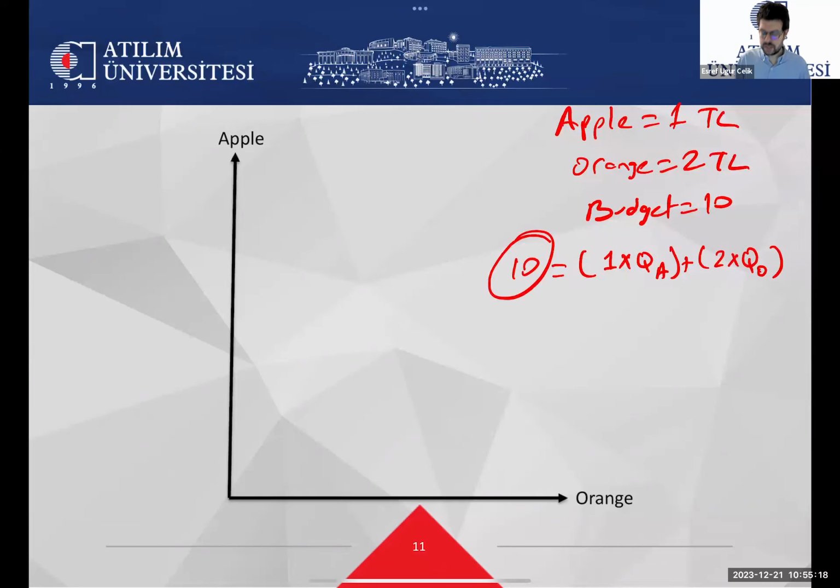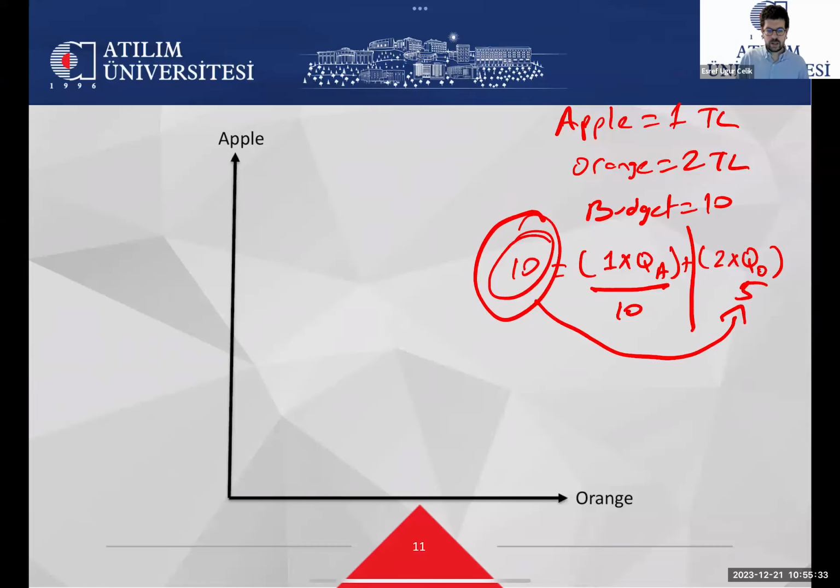For 10 budgets, how many apple can we get? 10. Or for 10 Turkish lira, how many orange can we get? 5. So 10 for apple, 5 for orange for showing the maximum amount, and then we draw the budget line.